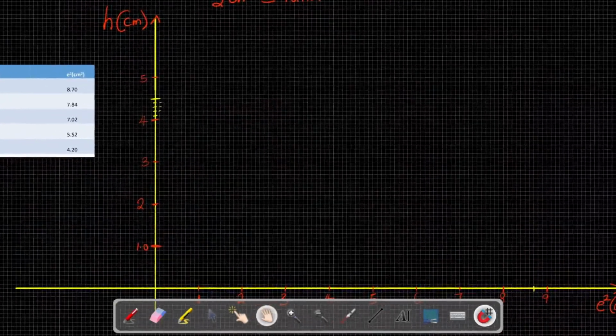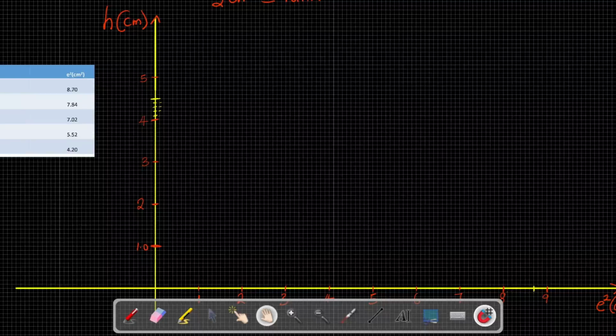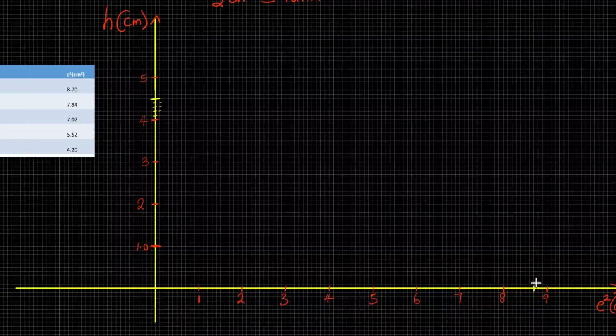I'm sure you are seeing it very well. I'm not going to zoom again. Now I will trace this line. So see the line 8.7. That is 8.7. So where does this line come in? See the line.